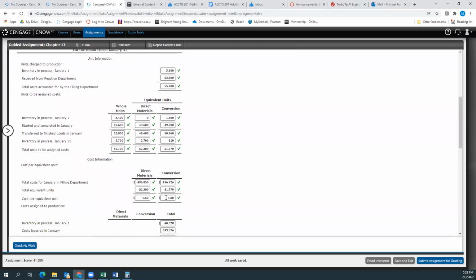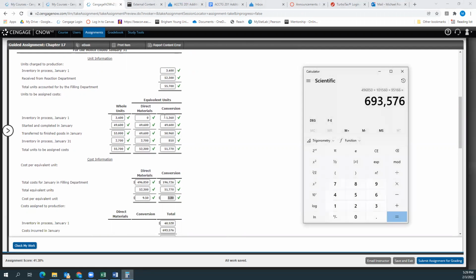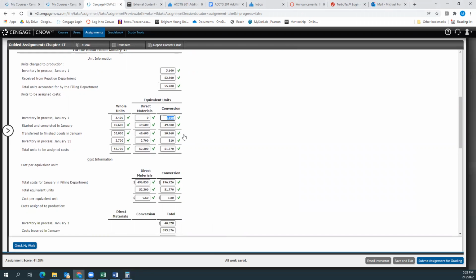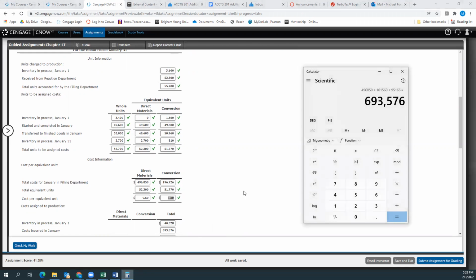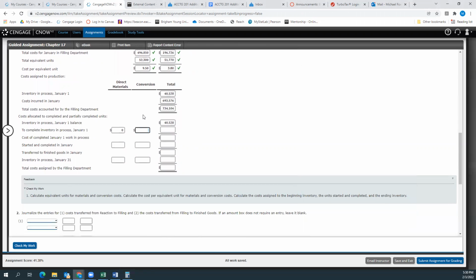And we know our conversion costs right here are $3.80 per unit. So I'm just going to take the number of equivalent units at January 1st times the cost per equivalent unit. So 1,360 equivalent units times $3.80 per gives me $5,168.